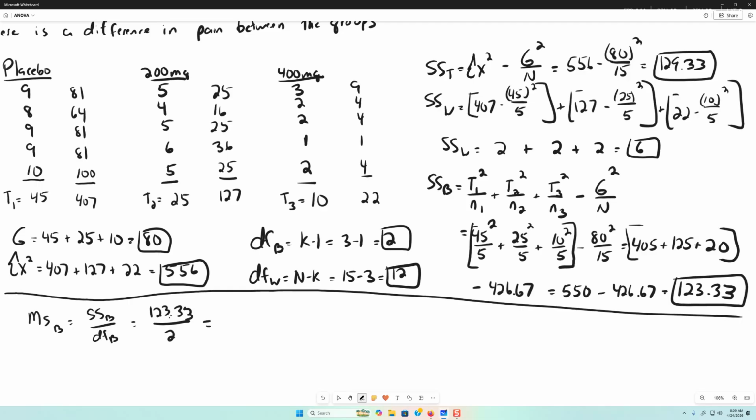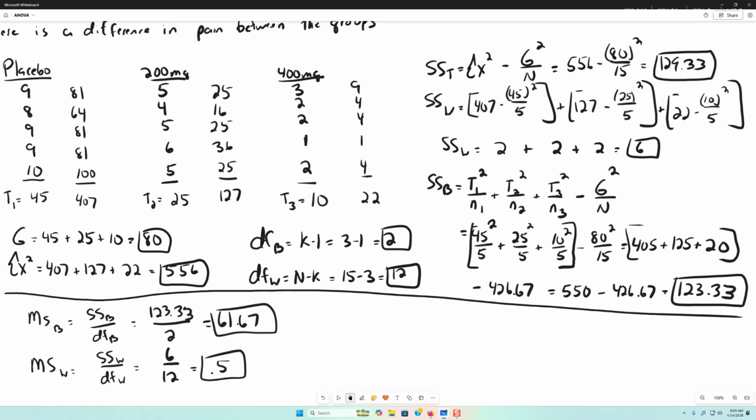So that divided by 2 gives me 61.67 mean squares between. And then mean squares within is sum of squares within over df within. That gives me 6 over the degrees of freedom within, which is 12. That gives me 0.5.